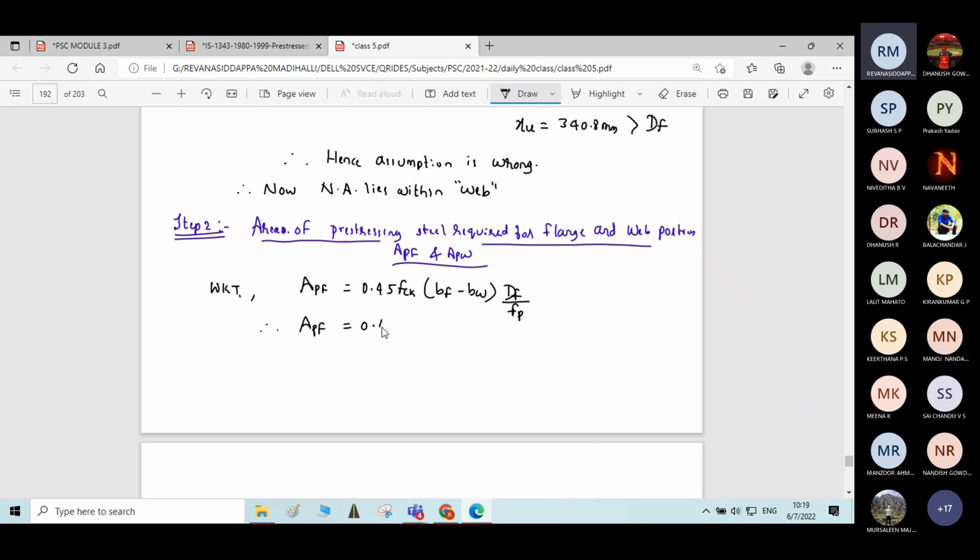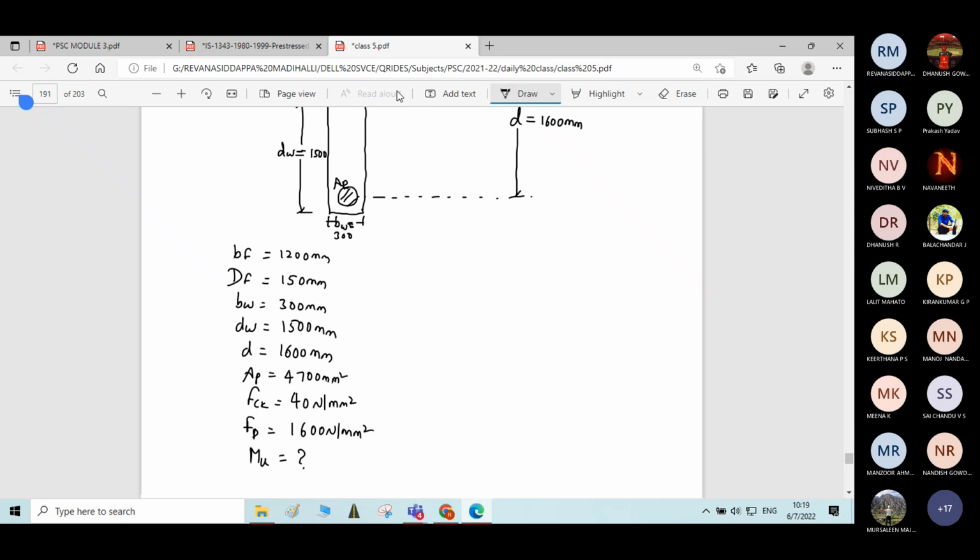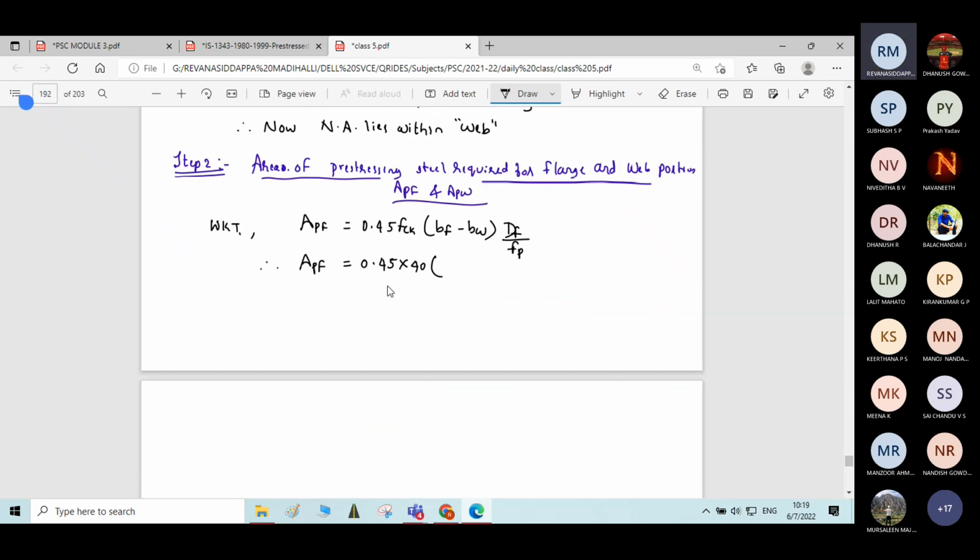Therefore, APF is equal to 0.45, FCK is 40 Newton per mm square, which is given in the problem, into width of flange. How much do we have? Width of flange is 1200 and width of web is 300, so 1200 minus 300, into depth of flange we have as 150 mm, and characteristic strength of the prestressing steel is 1600.